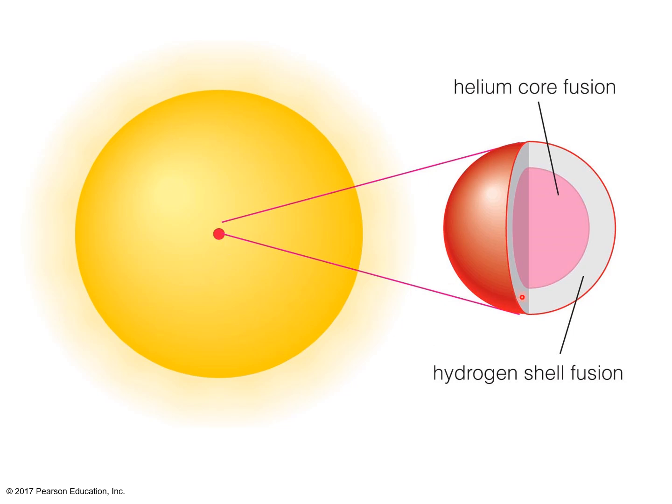We zoom in on the core. We have double fusion. So first there's the helium core that's fusing into carbon. Then surrounding it is the shell of hydrogen that's fusing into helium. So it's giving off a lot of energy, and it's giving off tremendous radiation pressure that is pushing out and keeping it as a large giant star.